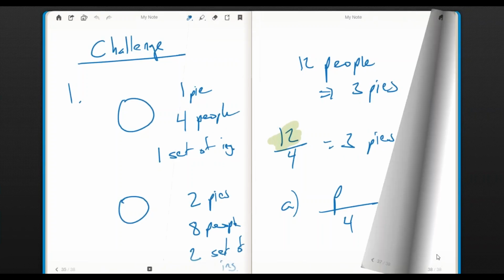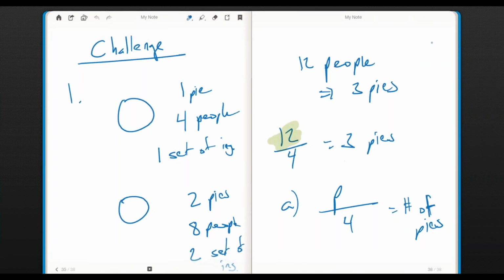Part B of that one, however, if 3 apples are needed to make 1 pie, how many do you need to make pies for P people? Well, we just said that P over 4 is the number of pies. And so if every one of these has 3 apples, then what I need to do is take the number of pies and multiply it times 3.